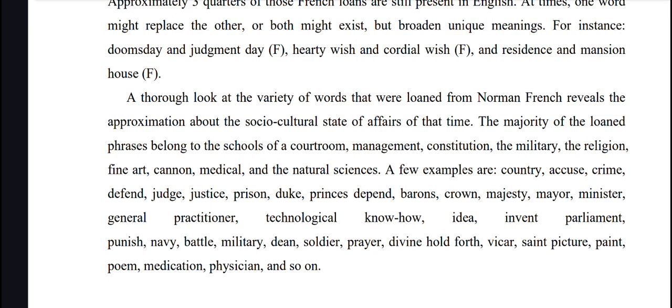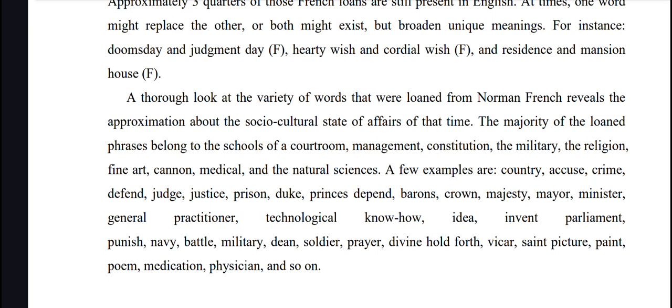The majority of the loan words belong to the domains of the court, administration, constitution, the military, religion, finance, law, medicine, and the natural sciences.